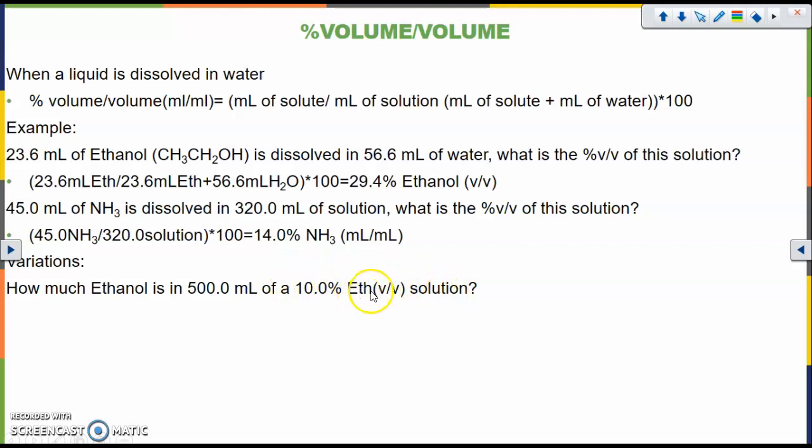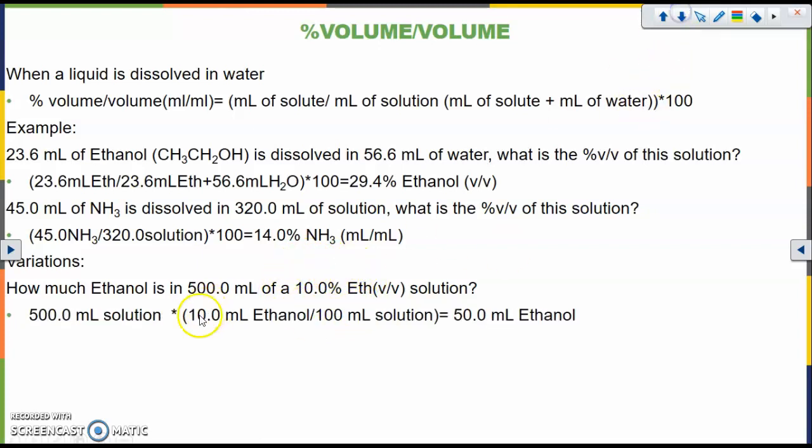So anytime you see a percent unit given to you, you need to understand, and I hope that you remembered from your mathematics, that a percent is always a number divided by 100. Right? So this means to say there's going to be 10 mils of ethanol in 100 mils of solution.